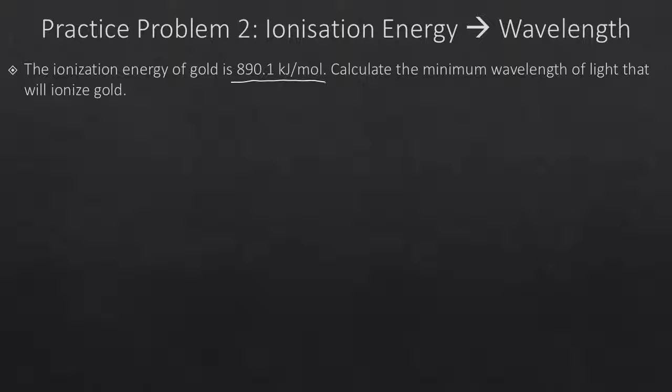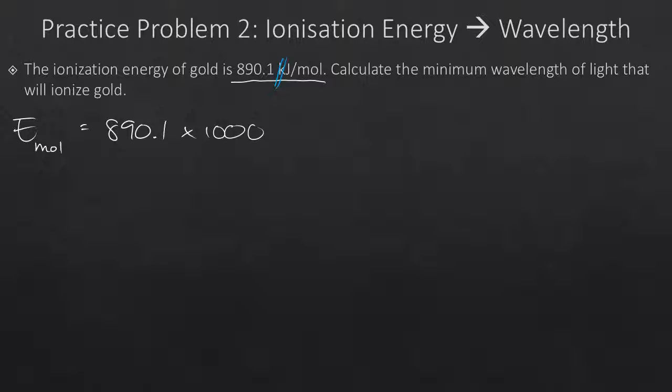and you need to take that back to your wavelength. So let's start by going, our energy per mole is 890.1 times 1000. Now remember, I'm multiplying by 1000 to get rid of the kilo in kilojoules. Then I need to get rid of my moles.